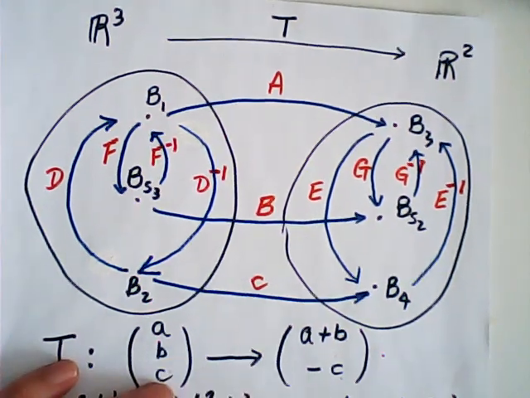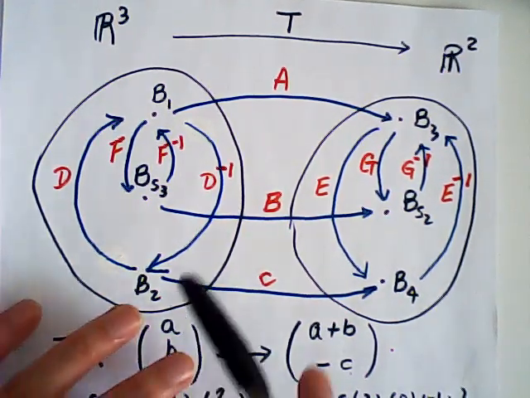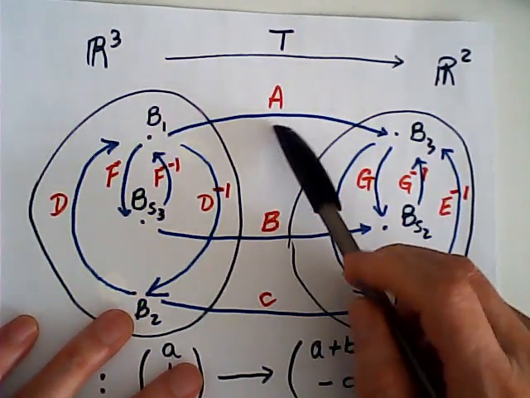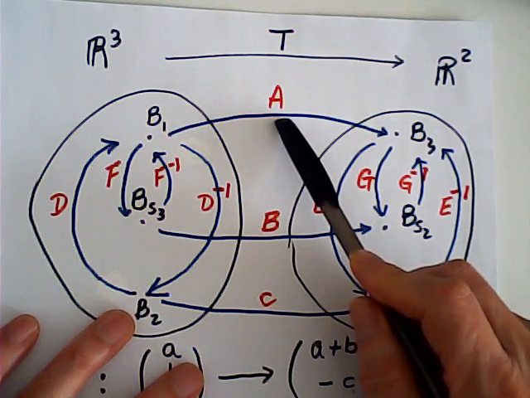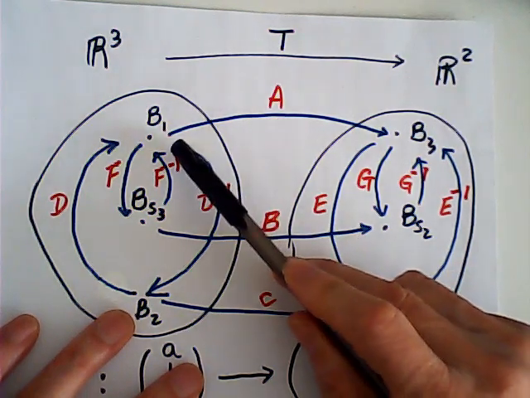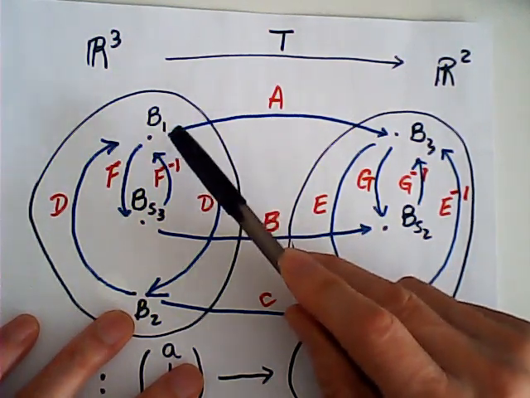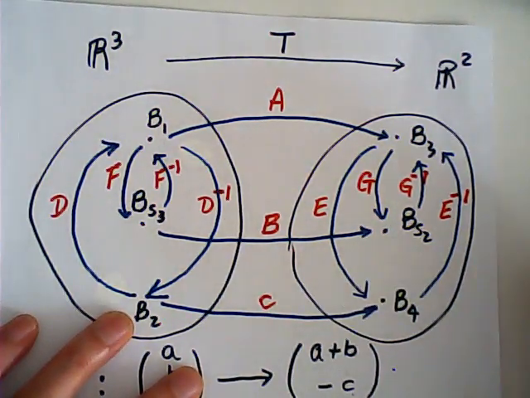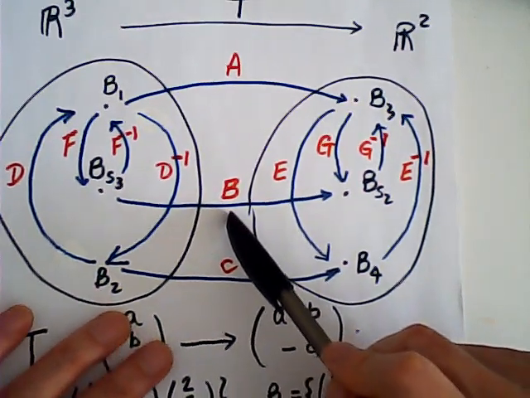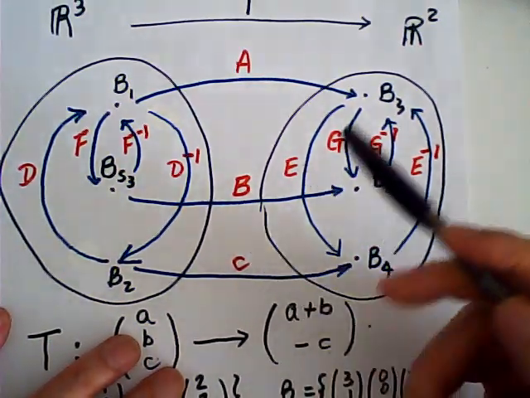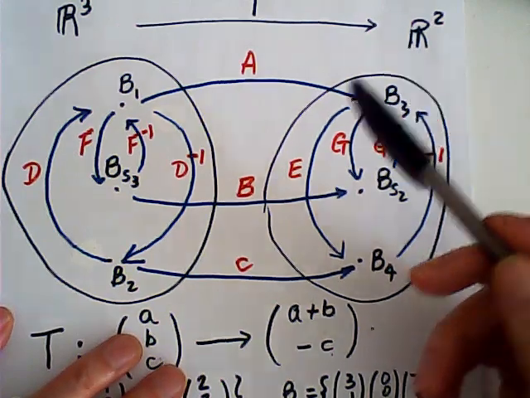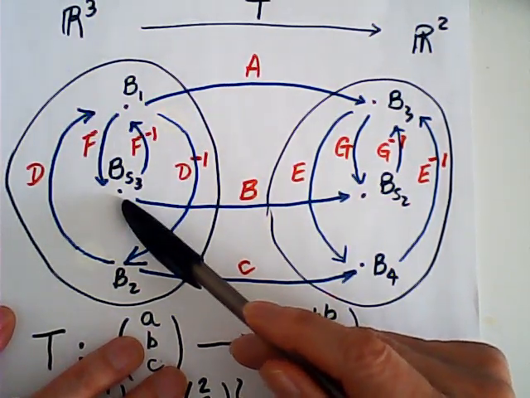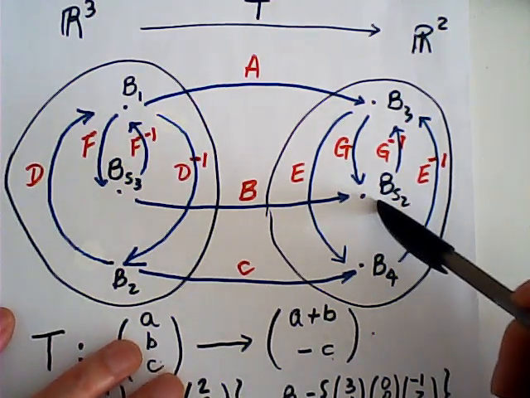Now we have matrices. Matrix A represents the linear transformation from basis B1 to basis B3, and B is a matrix representing the linear transformation from BS3 to BS2.